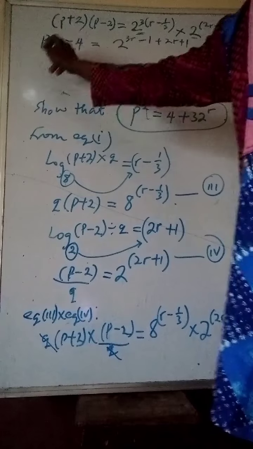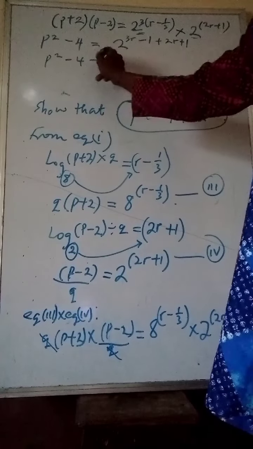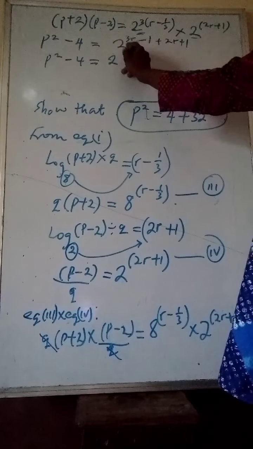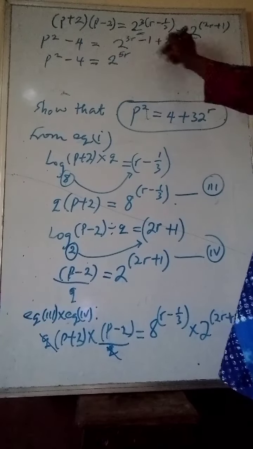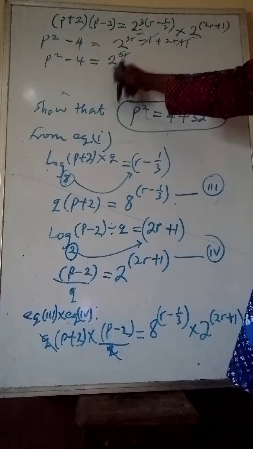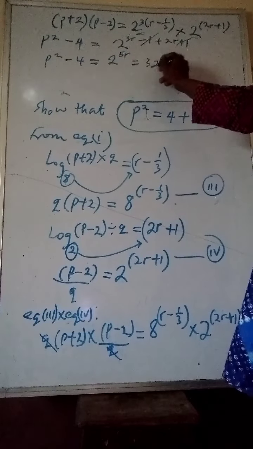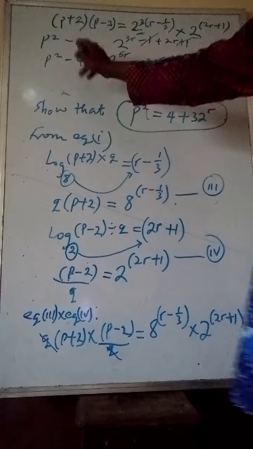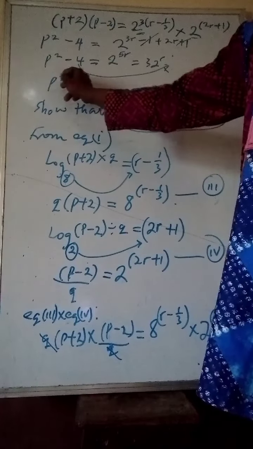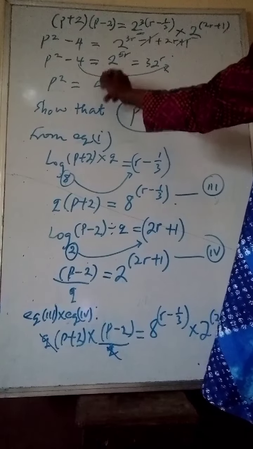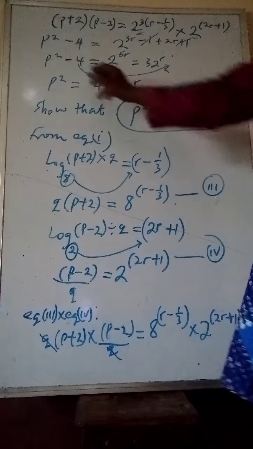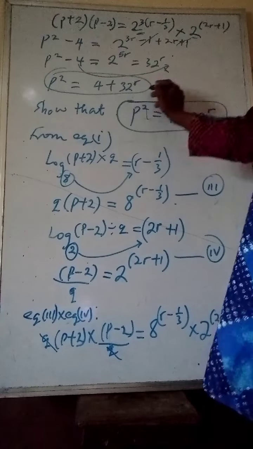So p squared minus 4 equals 2 raised to power 3r plus 2r, that will be 5r. Minus 1 plus 1 will cancel out. And 2 raised to power 5 means 32, then raised to power r. So if I carry this minus 4 to this side, I'm going to have p squared equals 4 plus 32 raised to power r, which is what we are asked to prove, isn't it?